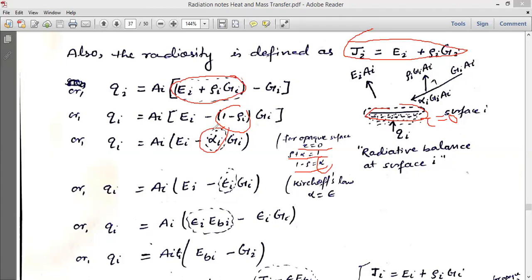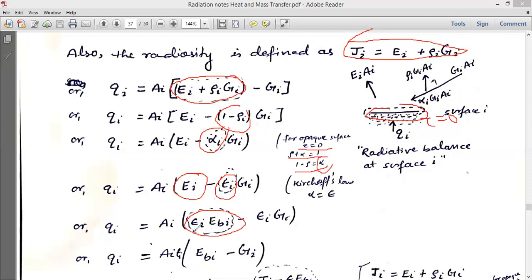So from Kirchhoff's law, we know that alpha i will be equal to epsilon i. So the Qi becomes Ai times (Ei minus epsilon i Gi). So now what is Ei? This is the emissive power of the real surface that can be written in terms of epsilon times the emissive power of the black body.